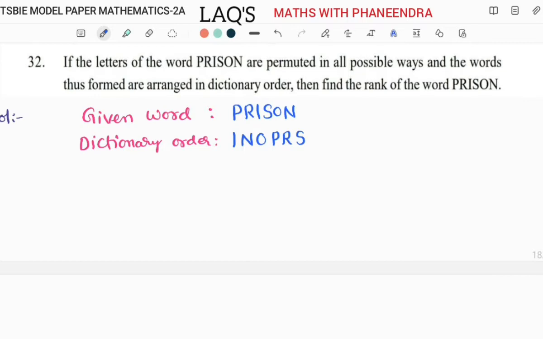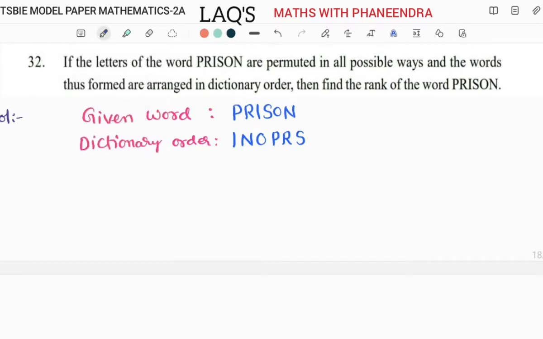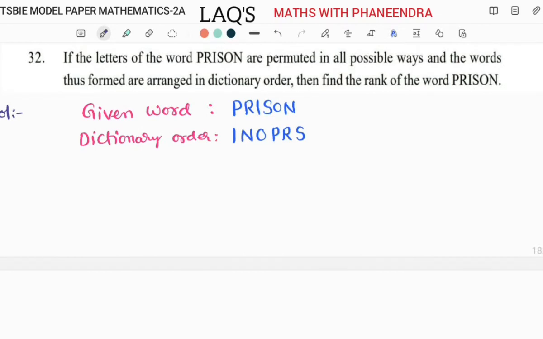Now we will do the procedure. So how we will move that? First, in the given word, P is in the first place. In the dictionary order, it is there in the fourth place. So the number of words which begin with I, the number of words which begin with N, the number of words which begin with O, first you have to write it with this. After that P we can fix there.